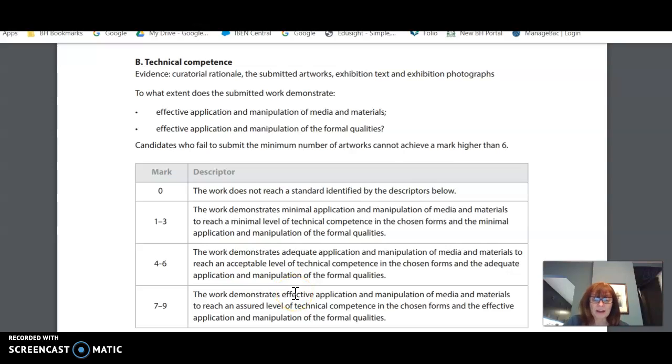So this is helping us to unpack for the students what's the degree that they're actually going to work toward. One of the ways that standardization can be so helpful with a colleague is really coming to understand what is the difference between adequate and effective, and then being able to translate that for your students using examples.